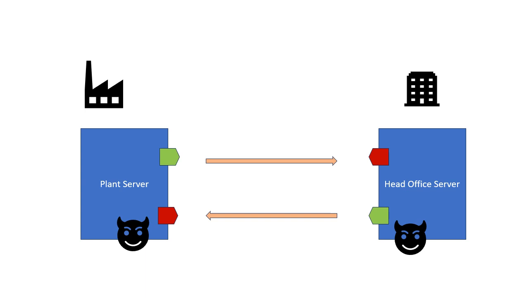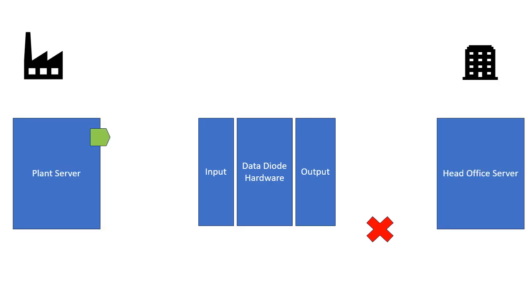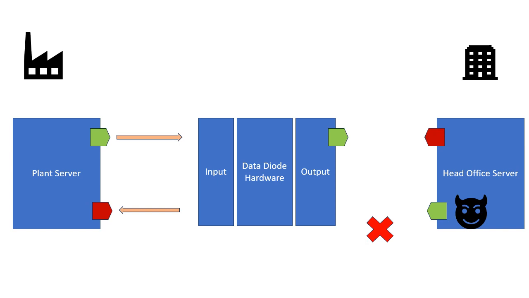It becomes very dangerous. Now if you install a data diode in between, the communication between plant server and head office server becomes one way. And if the head office server gets affected, that particular attack or the hacker does not propagate into the plant server because there is data diode in between.